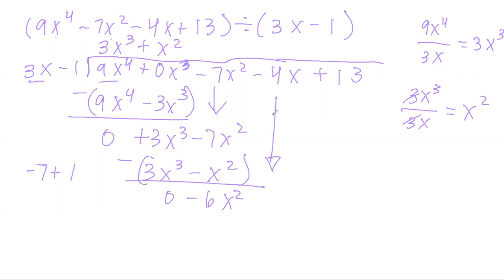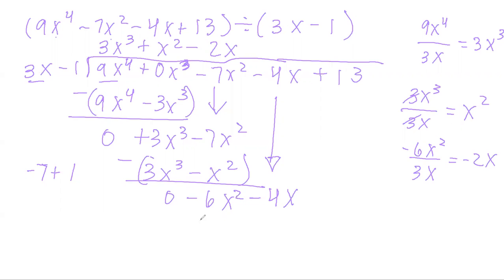Drop down my minus 4x. And again, I look at what do I multiply 3x by to get to negative 6x squared. So it might help to write this out again. Negative 6x squared divided by 3x. I get negative 2x. So that's all right here. Multiply that again with the 3x minus 1.